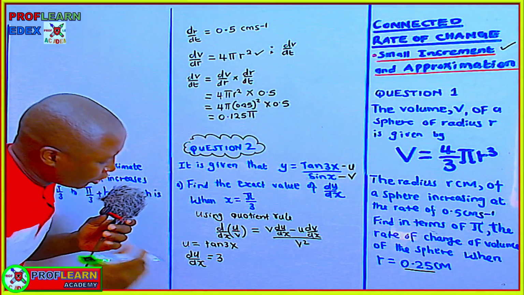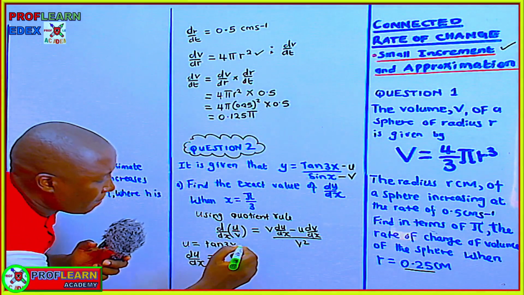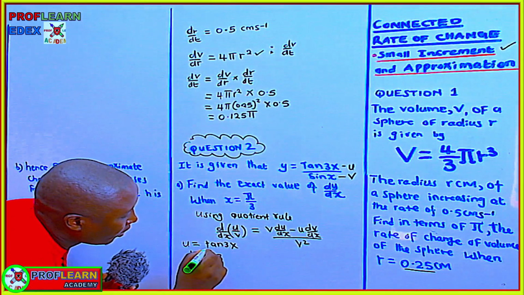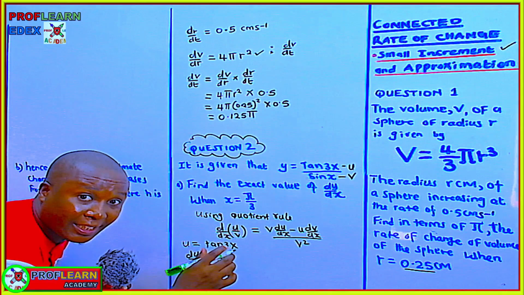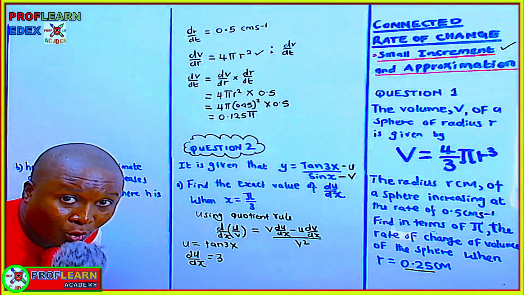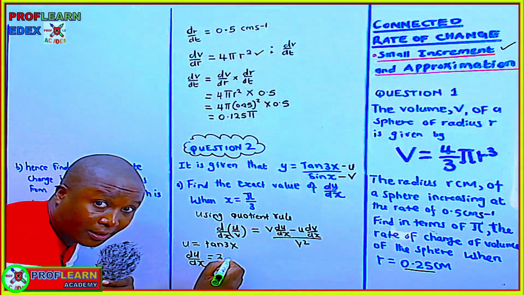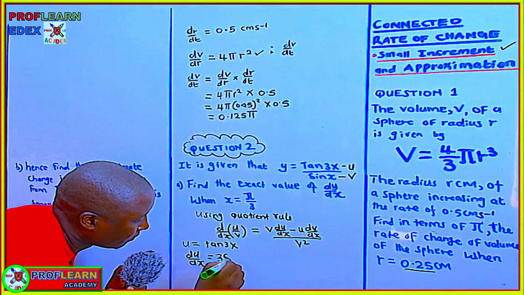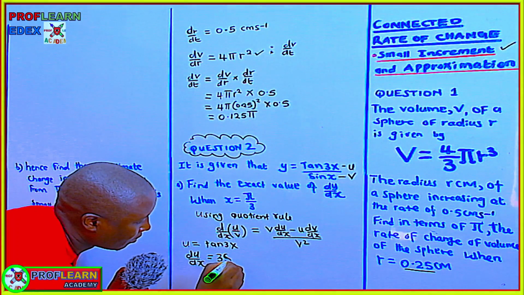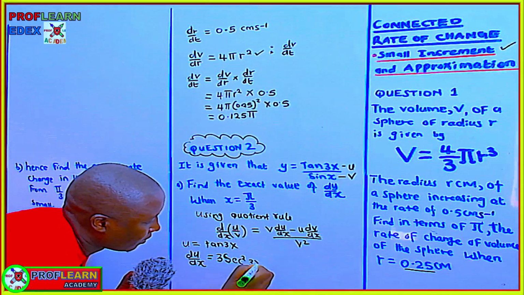The next thing we're going to do, because this was a chain function, is differentiate the tan without looking at 3x. When you differentiate a tan, what do you get? You are going to get sec squared 3x.